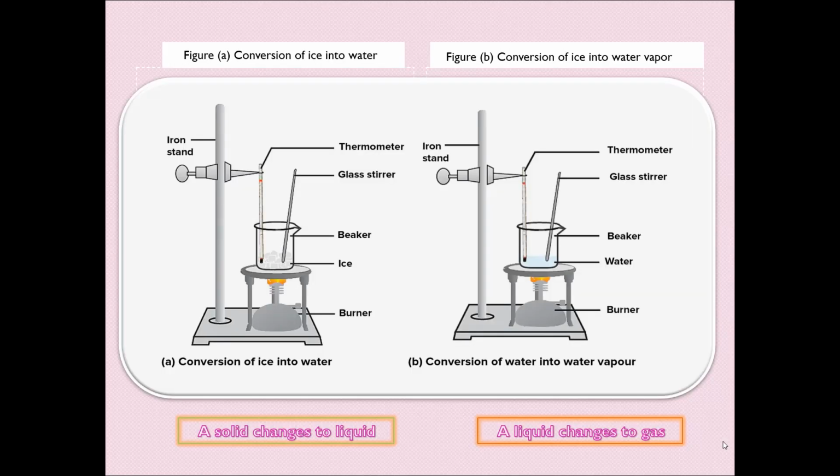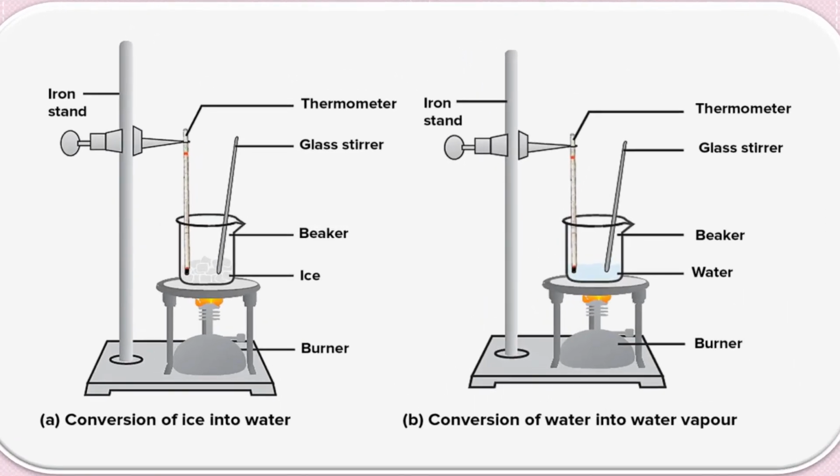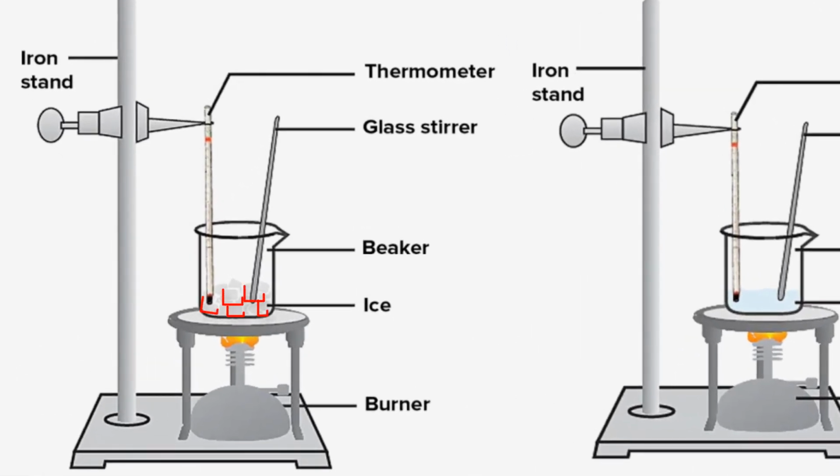This is a very common example and we see these things happening especially in the lifespan of a river. Now quite connecting to this is an experiment that we are going to do in which we want to observe what happens when a solid is heated and what happens when the liquid is heated. So in the left side, that is figure A, we have taken cubes of ice and we have put them inside a beaker. We are heating the ice, you can see through the burner.